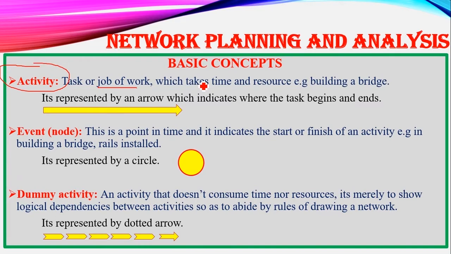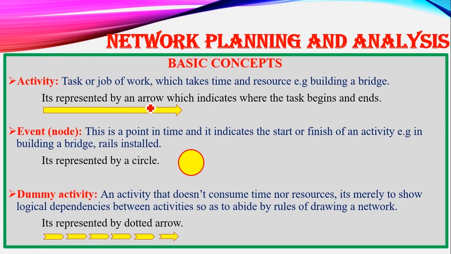For example, if you're building a house, the whole process of building a house will require some resources. You'll need some blocks, you need some iron sheets, and the cost of labor. Apart from that, you need time. You're supposed to build this house maybe for a period of 2 months. That duration, as you can see, is an activity. It is taking some time and also it is consuming some resources.